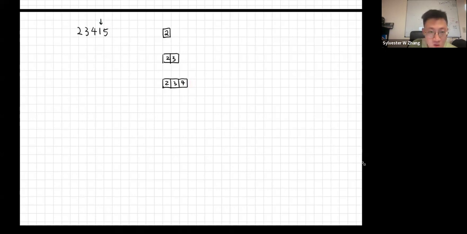If the number you're trying to add is not greater than the largest number of the row, then you replace the smallest number larger than it, take that number out, and insert it into the next row. So 1 is going to bump the 2 out, and then you insert 2 into the next row.